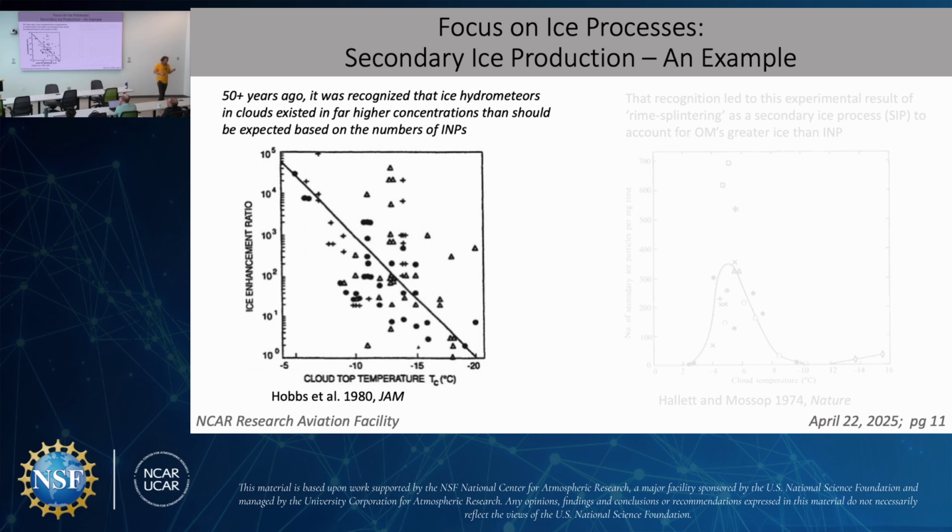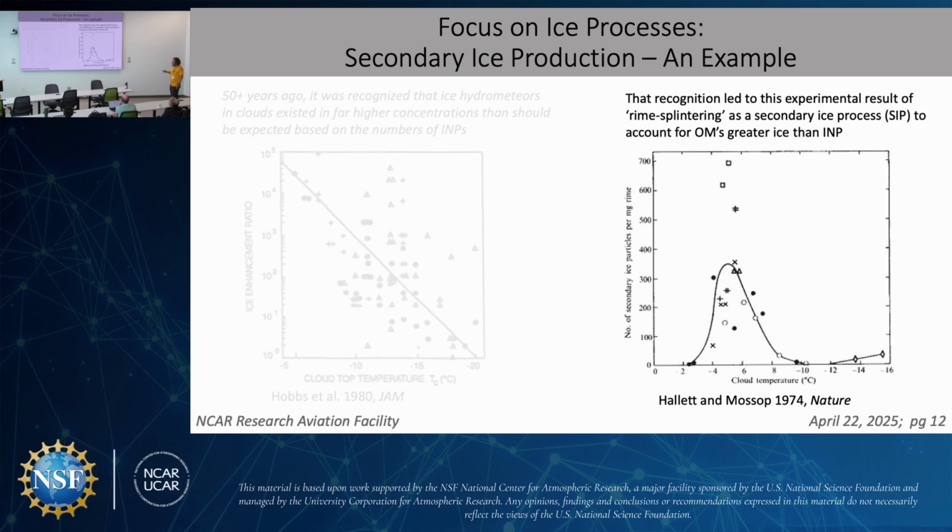So the conclusion from that is, we must be getting ice being produced from some other process other than primary nucleation, right? And this led to the famous results from Hallett-Mossop on rime splintering.